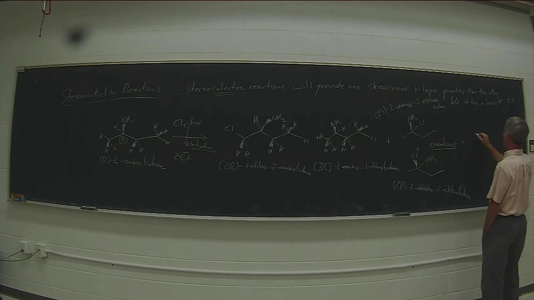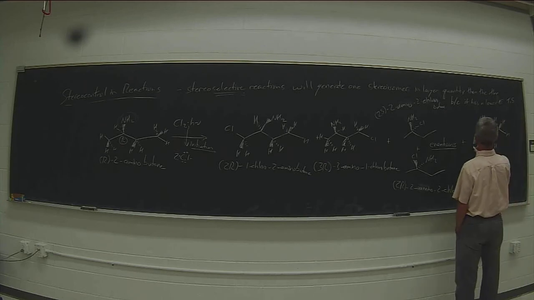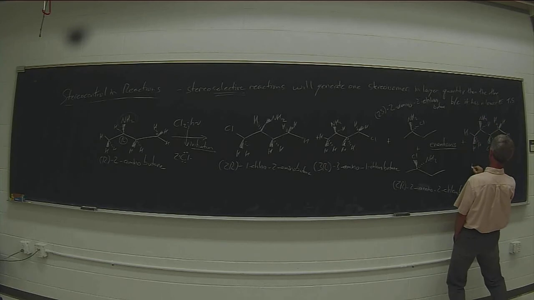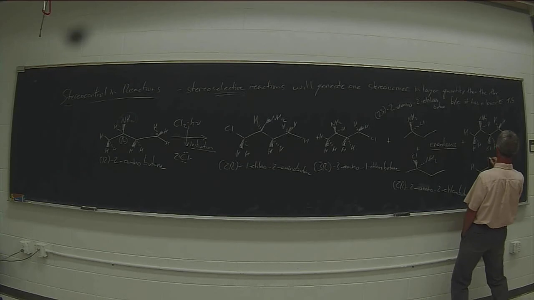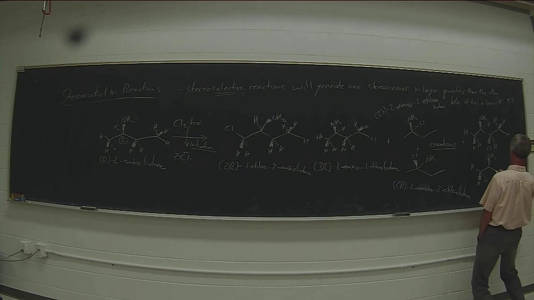If I react at carbon 3, it should be again possible to form two different products, depending on whether the chlorine ends up in front or in back.